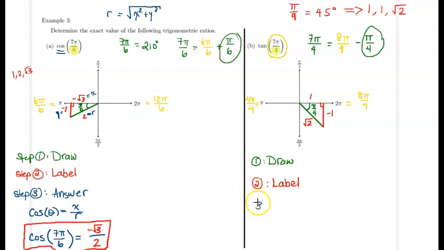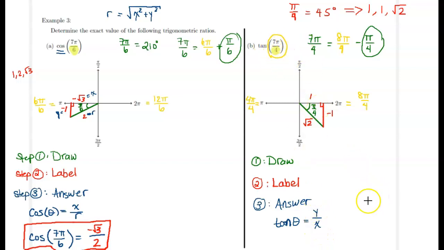Now my final step 3 is to answer what they've asked. Well, what are they asking for? They're asking for tan. Well, tan of theta is equal to y over x, right? My rise over my run.